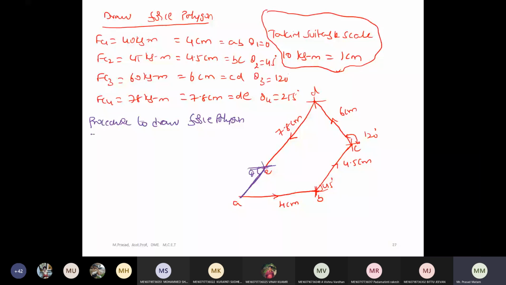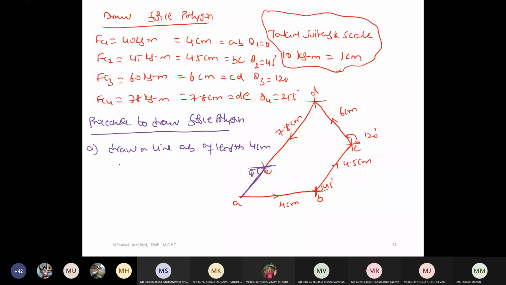Okay, first step: draw a line AB of length 4 centimeter at an angle theta equals to 0 degrees.